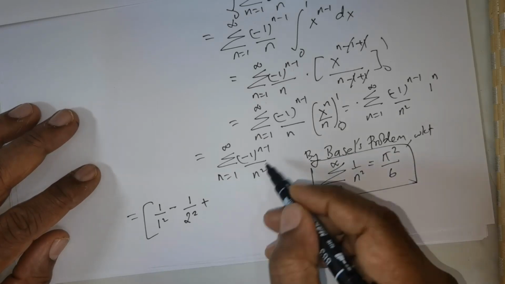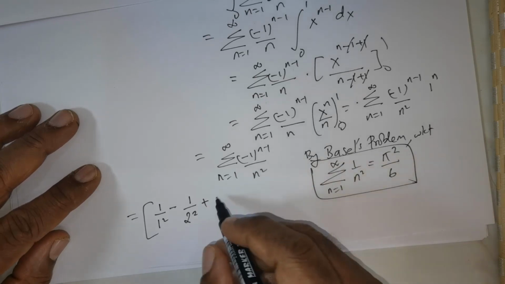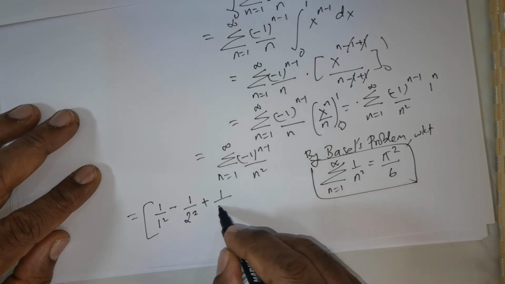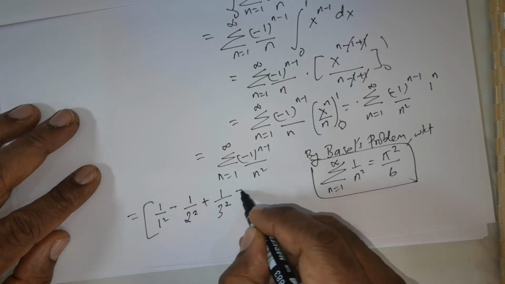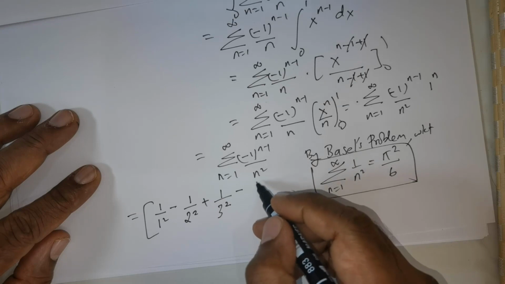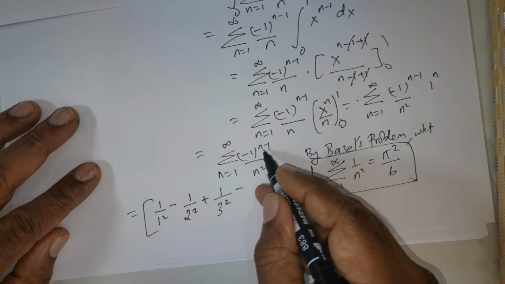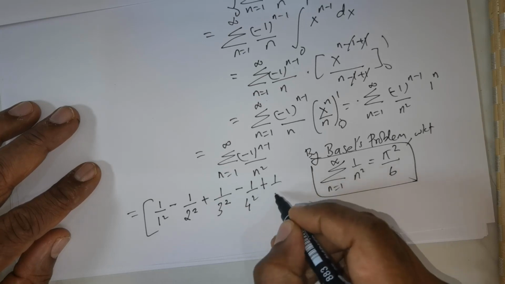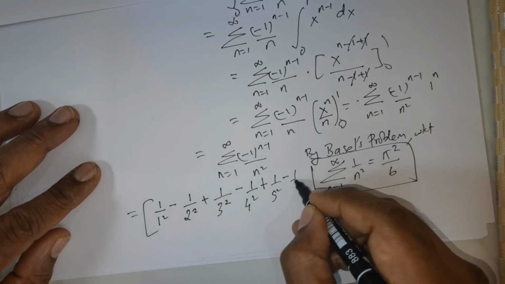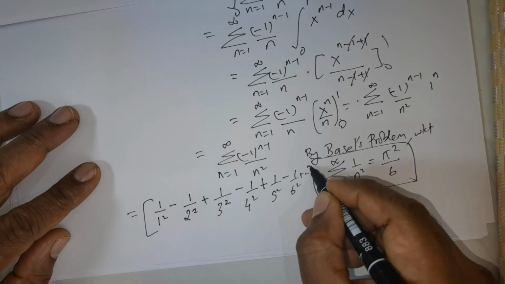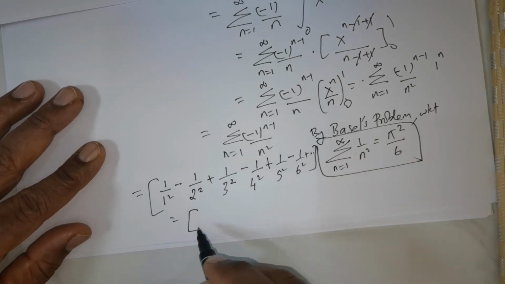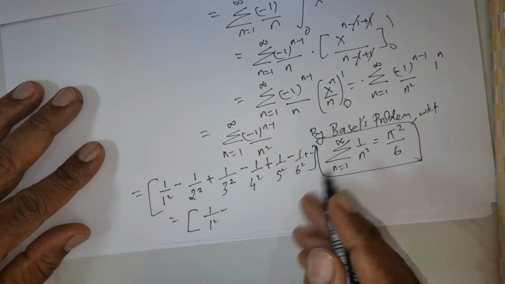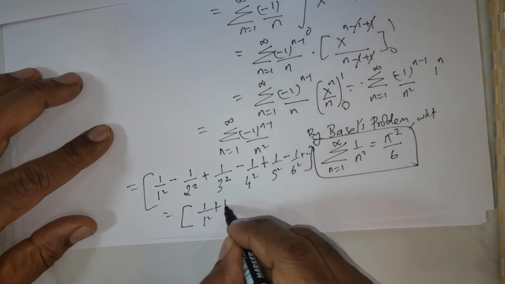If I were to place 3 there, this is going to give me a positive value, so this is 3 squared. And n equals 4, 4 minus 1 is 3, it's going to give me a negative value, this is 4 squared, positive 1 over 5 squared, negative 1 over 6 squared, plus etc. Now clearly you can see I can actually take the odd values. Odd values are all positive. So let me place the odd values first.